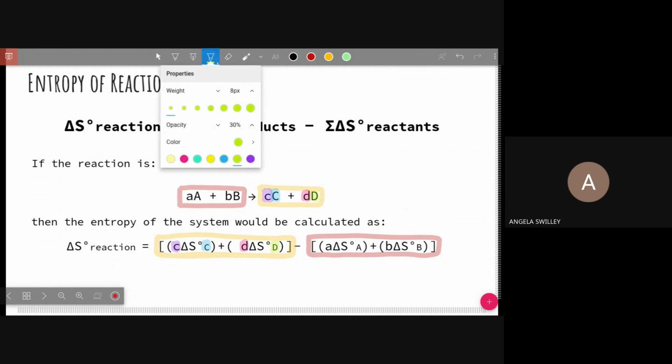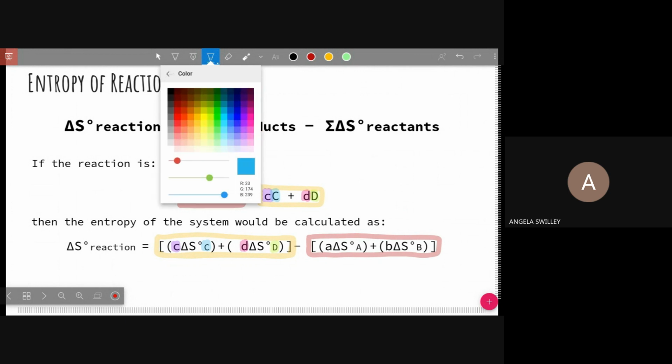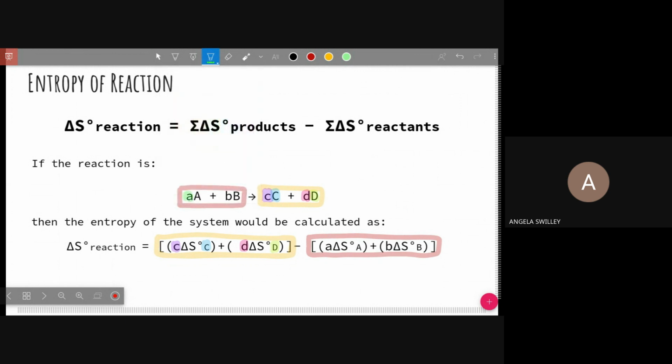Then we do the same thing with our A's and B's. We have our coefficient a, which is multiplied by the delta S of element or compound A.